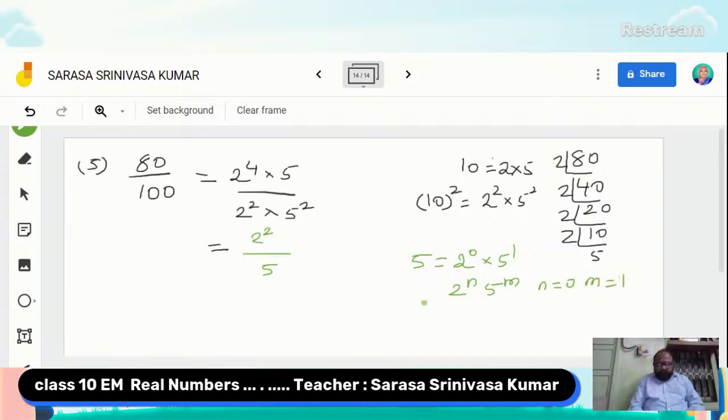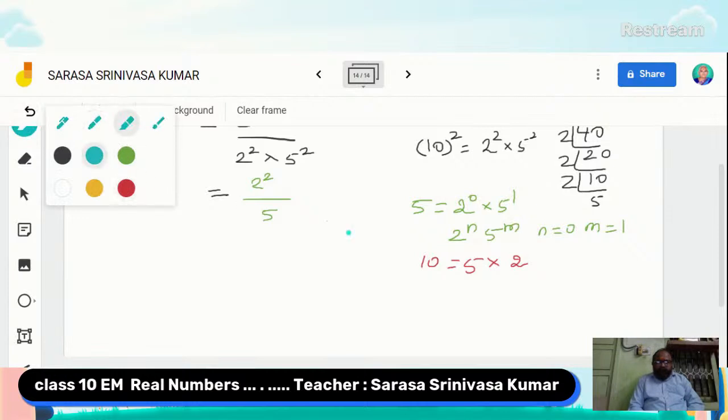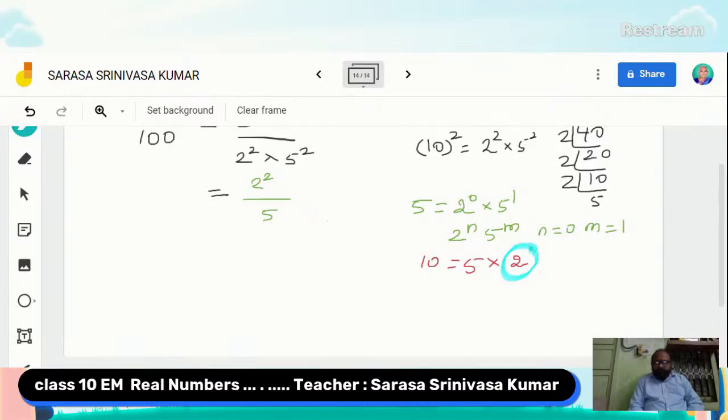We want to get 10 in the denominator. So to get 10 in the denominator, 5 must be multiplied by 2. So here we have 5 in the denominator.